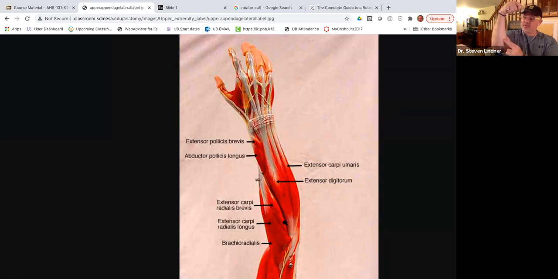They pop out. So all of your finger flexors and wrist flexors, the majority of them, are going to originate somewhere on that medial epicondyle of the humerus. So all of your wrist flexors and finger flexors are found on the anterior forearm. Well, if all the flexors of the wrist and fingers are found on the anterior forearm, what's going to be on the posterior forearm? All of the wrist extensors and finger extensors.